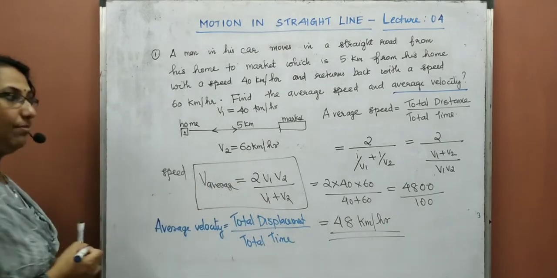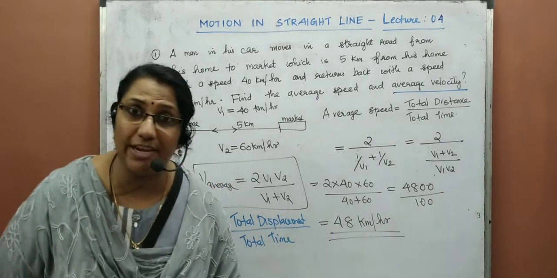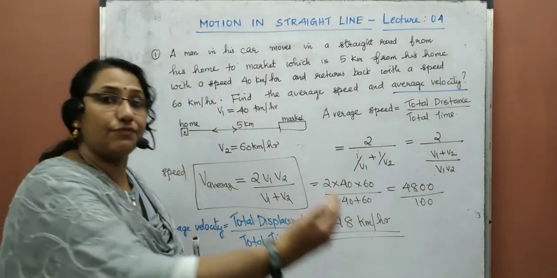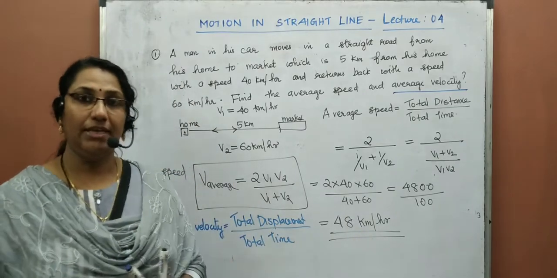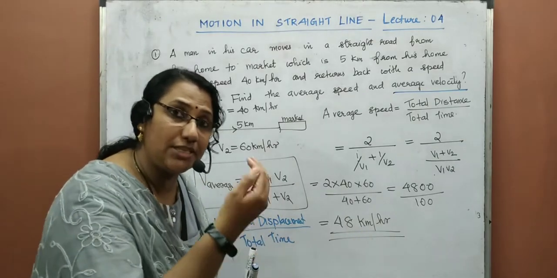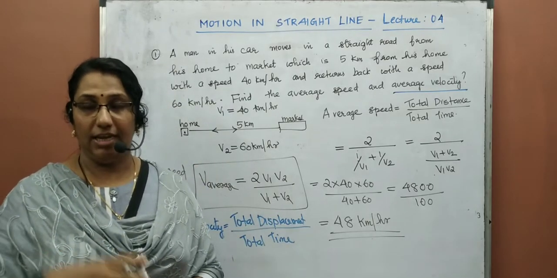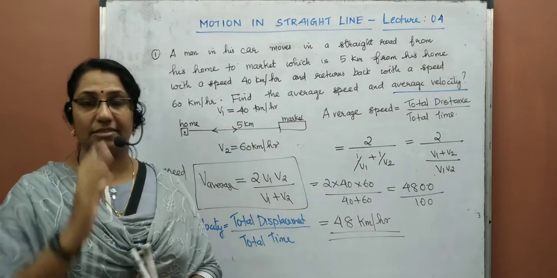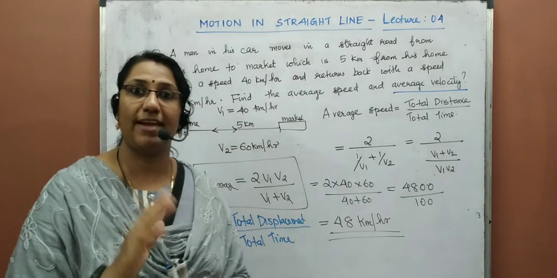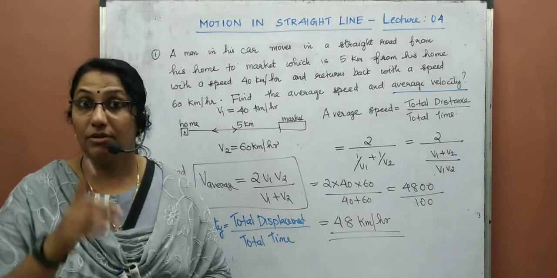So what is the total displacement here? 5 kilometers from home to market, then again 5 kilometers from market to home. So what is the total displacement? Is it 5 plus 5, 10 kilometers?